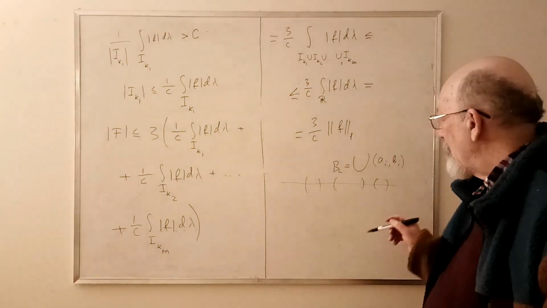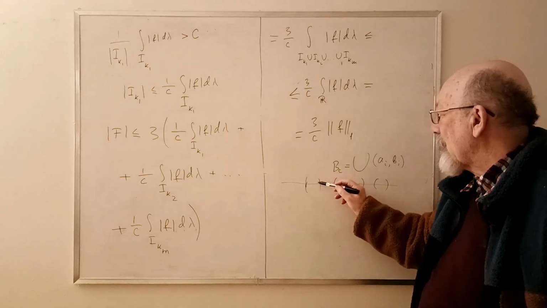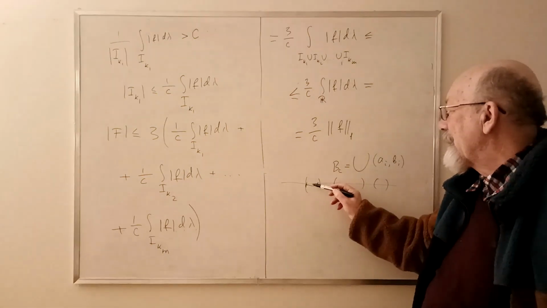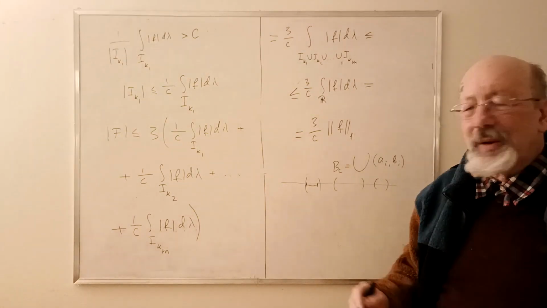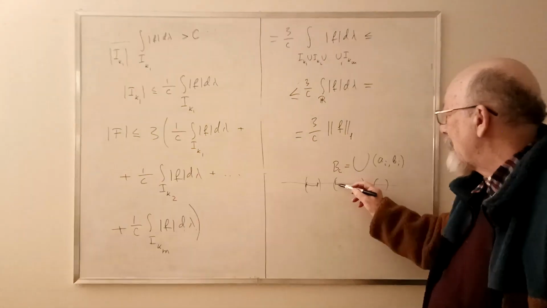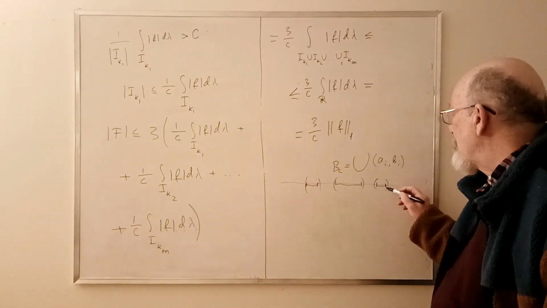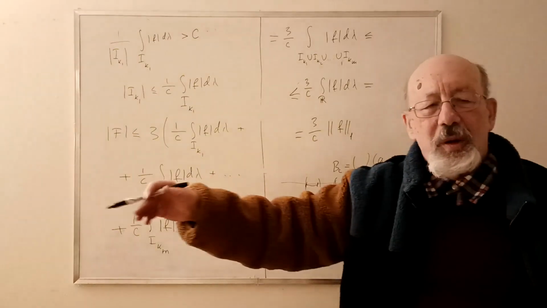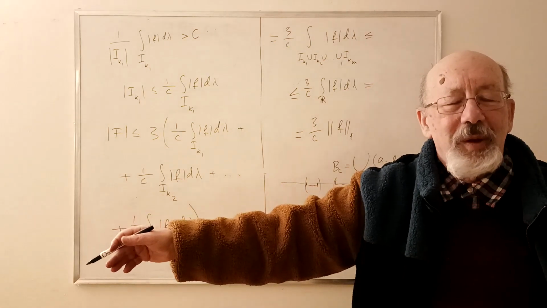So we can take, say, some closed segment inside the first interval, the second interval, and so on. Now, we take a finite number of intervals so that the measure of the rest is small, less than epsilon.